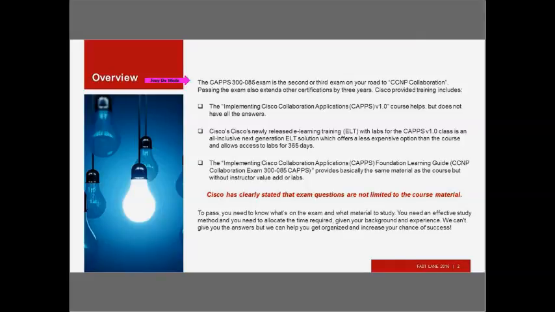You would almost certainly start with CIPTV1, and the 4th exam you would do would be the CT Collab exam. For numbers 2 and 3, you've got CIPTV2 and CAPPS.